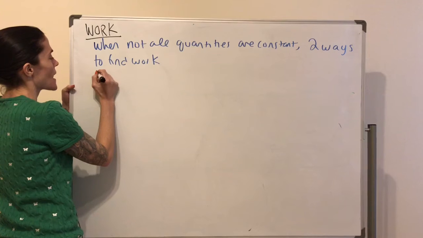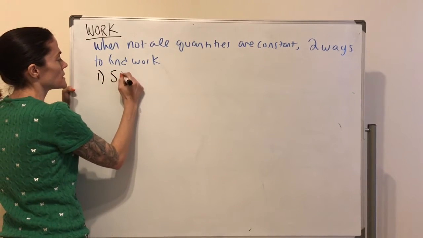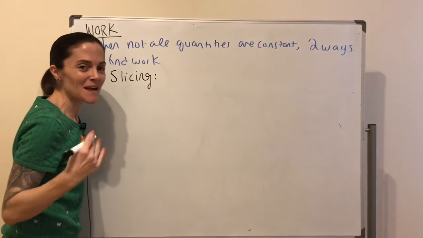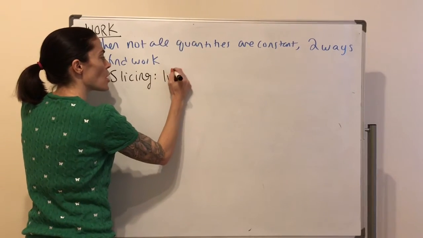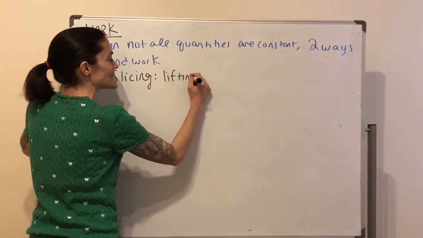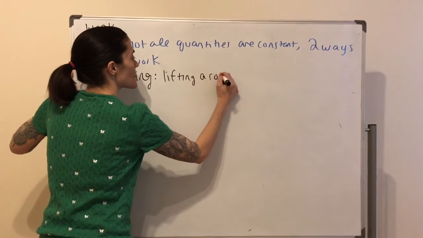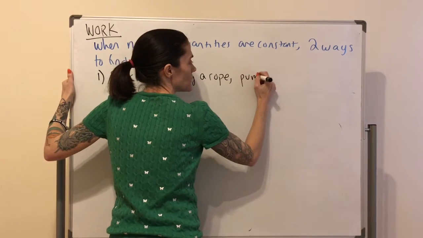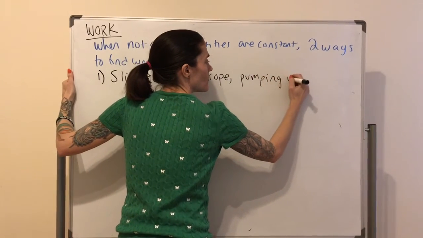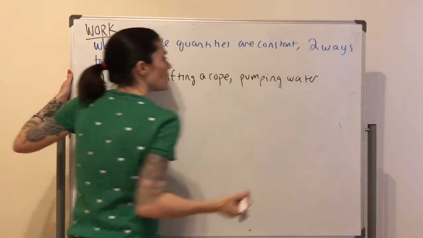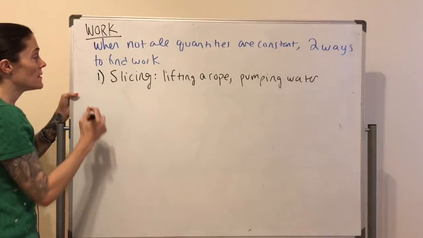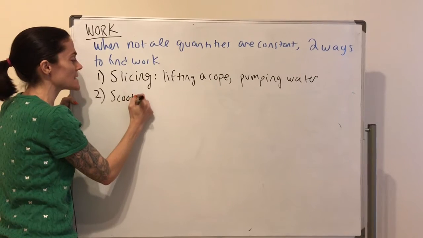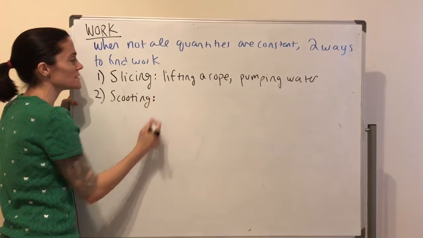The first way is called slicing. What types of problems do I slice? Lifting a rope, I slice. Pumping water, I slice. And then the second way is by scooting. So some work problems I slice, some work problems I scoot.